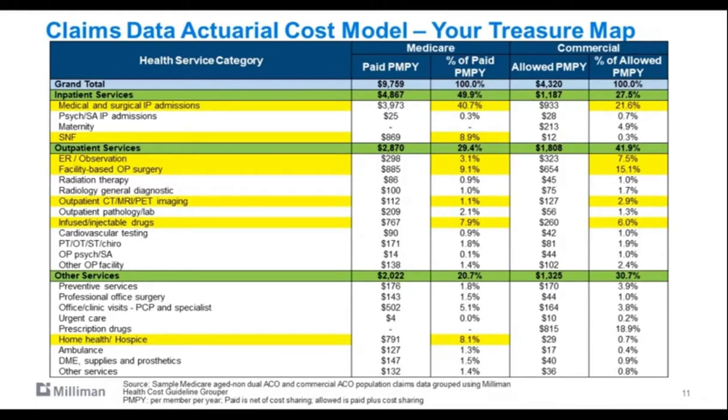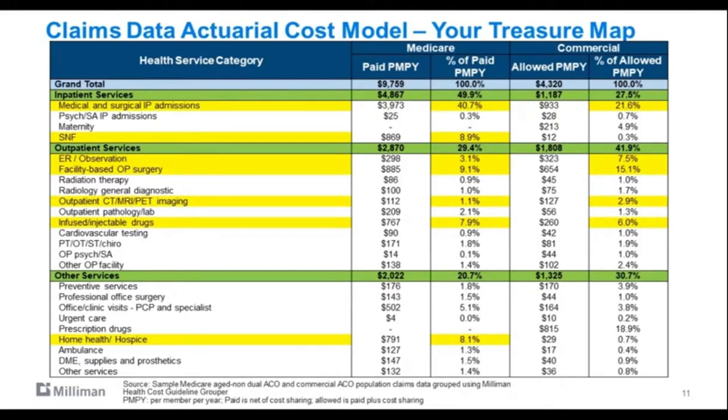SNFs, skilled nursing facility here is 9%. You can see highlighted in yellow for Medicare. It's very small for commercial. You have ER observation, 7.5% for commercial, so it's a big cost driver. If you can reduce 20% of that, you've got a big 1.4% of total spend reduced.